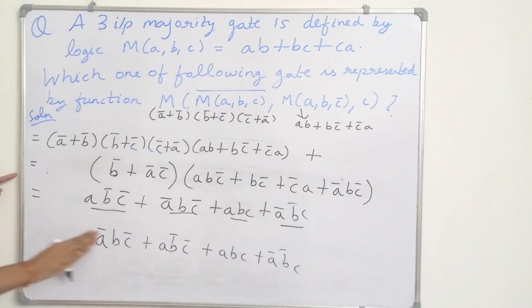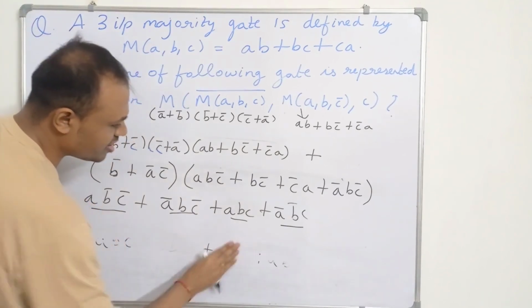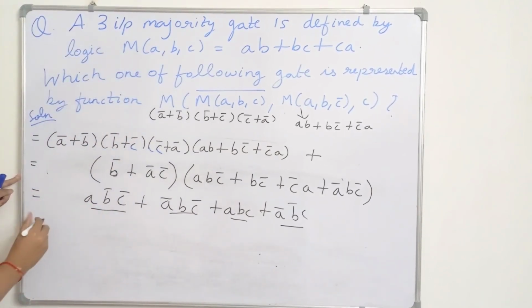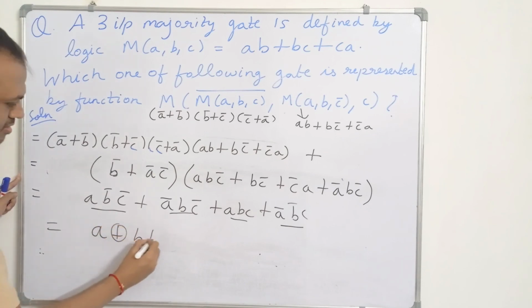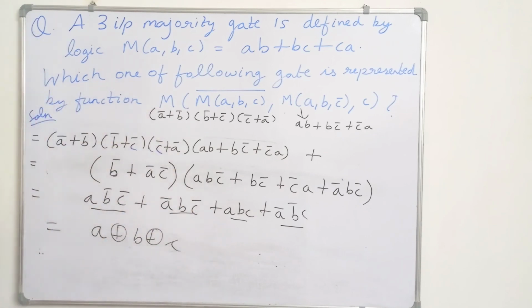So this is equal to A XOR B XOR C. So this function can be represented by a 3-input XOR gate.